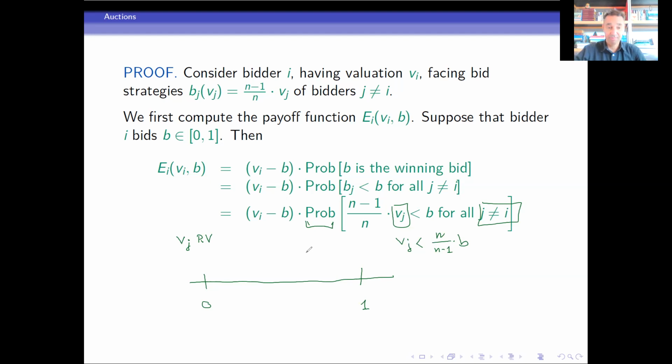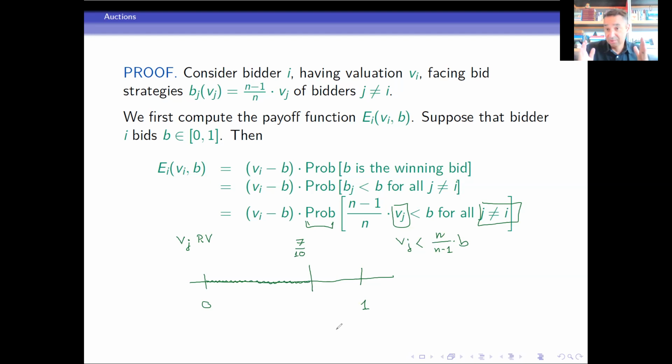Now, what is the probability that such a random variable would have a realization, for example, smaller than 7/10? So what is the probability that my realization is within this interval?